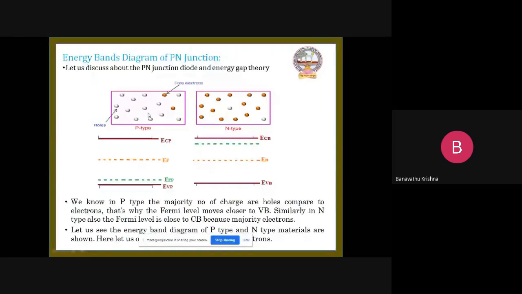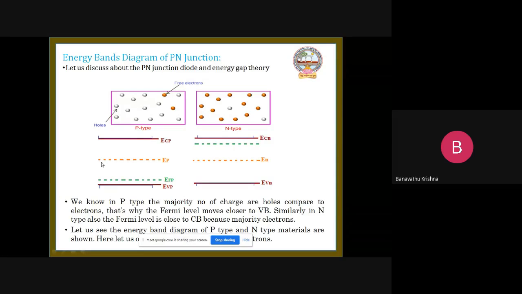So coming to the energy band diagram of the p-type semiconductor material and n-type semiconductor material, let us see the energy levels or energy bands. Here it is the valence band region, and this is the conduction band region for p-type.